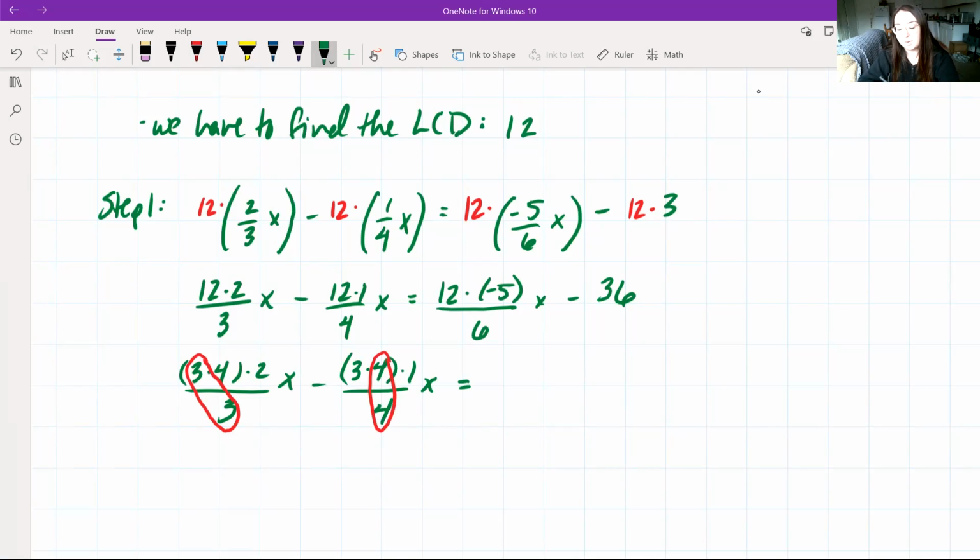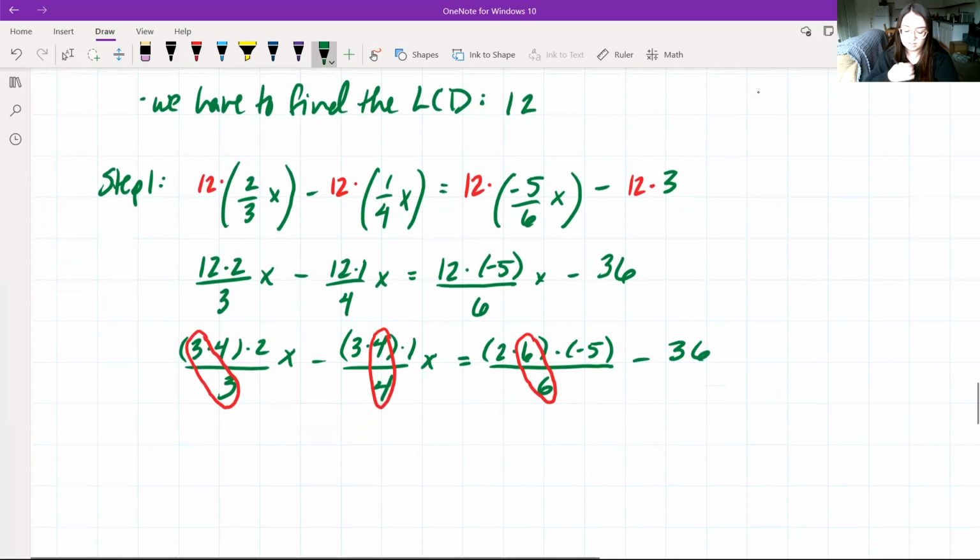Then with 6 as our denominator, we can factor 12 into 2 times 6 times -5 still, divided by 6. And once again, we have 6 in our numerator and our denominator, creating that property of 1. And we still have a -36. So simplifying here, with our 3 over 3, we have 1 times 4 times 2 over 1x.